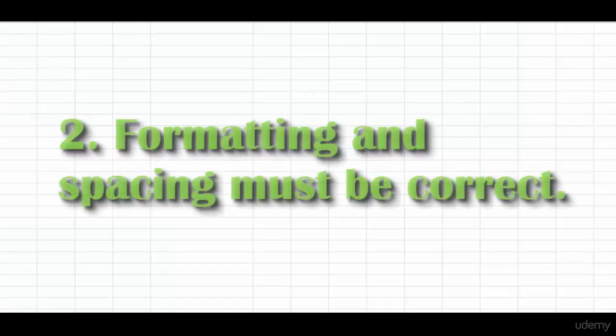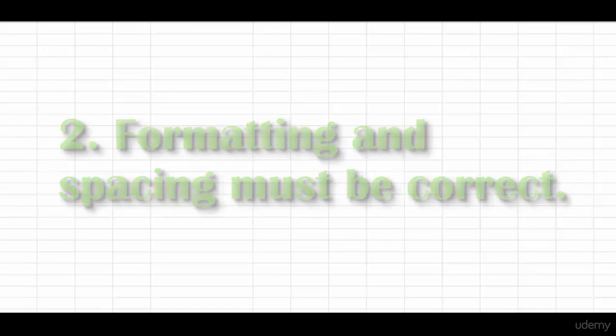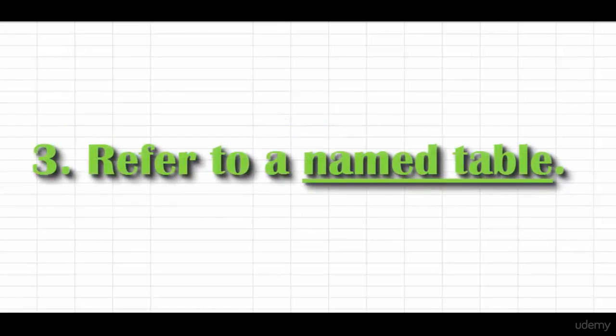Number 2, formatting and spacing in your lookup cells must be exact and must be correct. For example, there can't be extra spaces, blank spaces, in front of the number or behind the number. Third, in your table array reference, you want to use absolute cell values, or even better, create a table with your entire lookup array and name it, then use the name as the array reference.